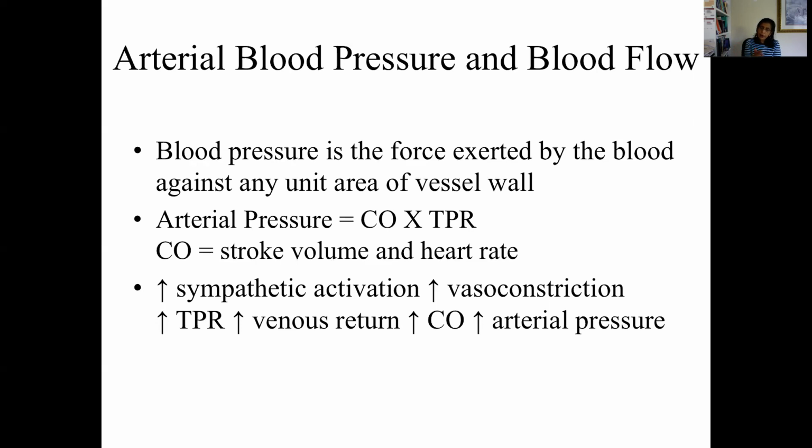We're talking about not only the arteries but also other vessels. So the constriction of the veins would result in the pushing of blood back to the heart better than otherwise. All right, so that is one example of the relationship between the blood pressure and blood flow, and how that improves blood flow back to the heart.